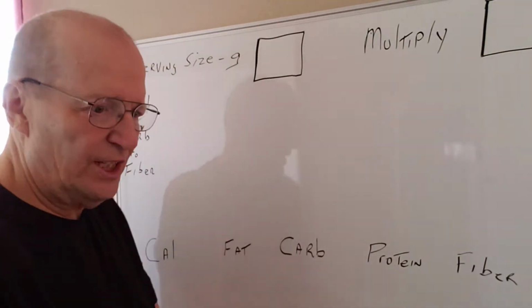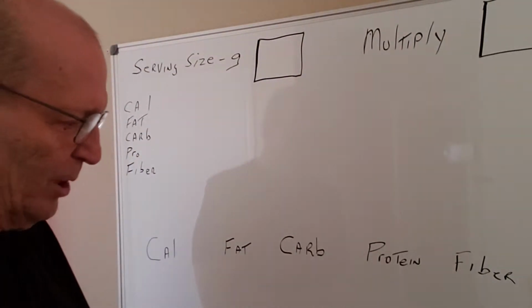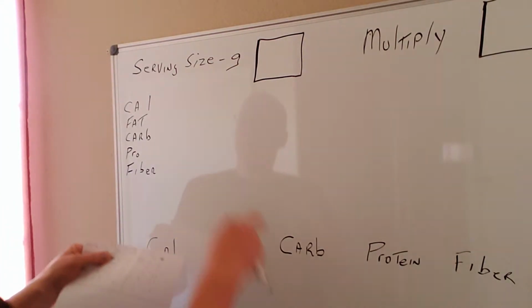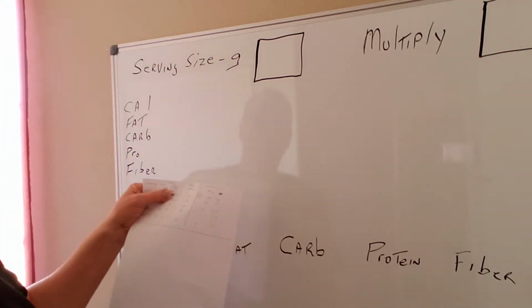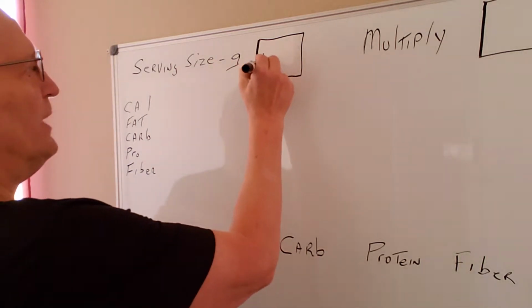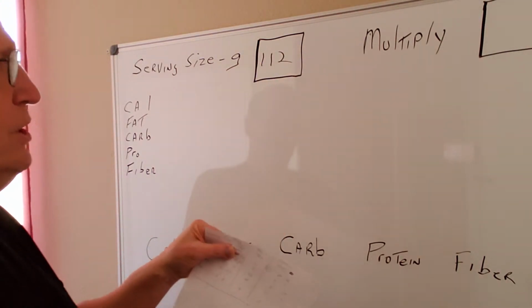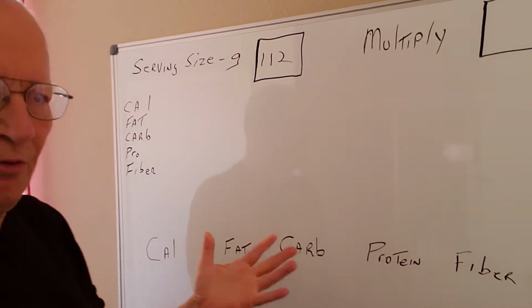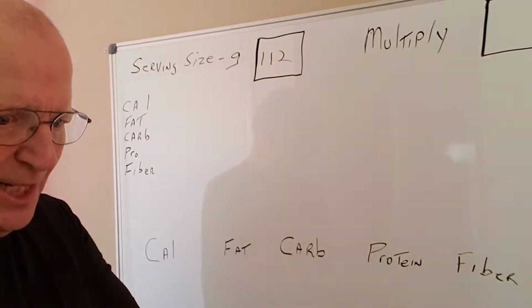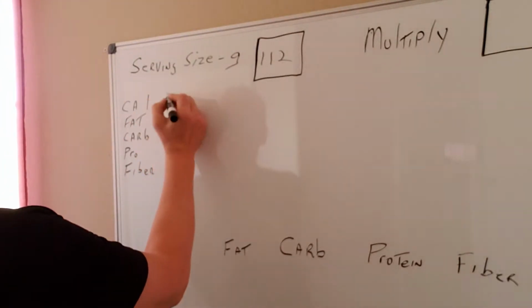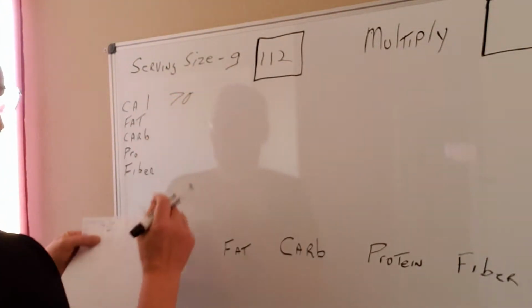Now, the first thing you do on the nutritional label is figure out what the serving size is. For the fish, the serving size is 112 grams. 112 grams of a fillet of fish for that particular item equals 70 calories.